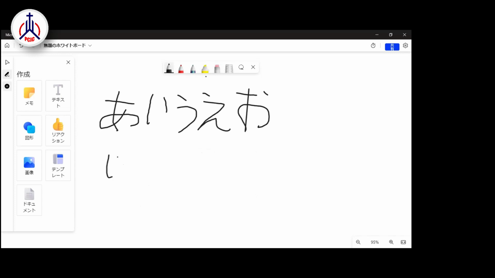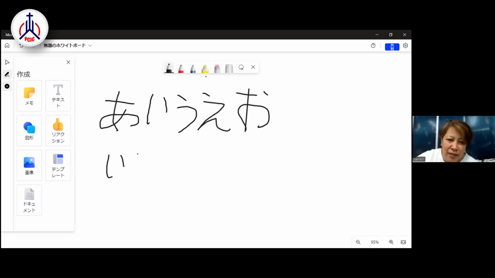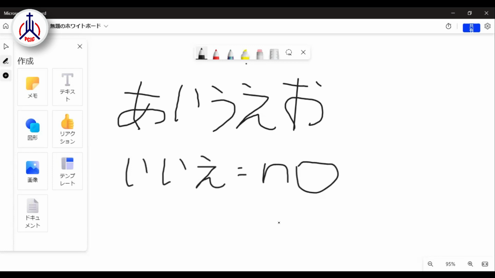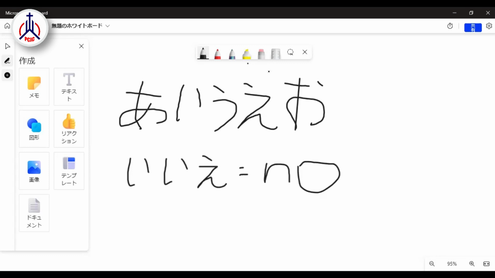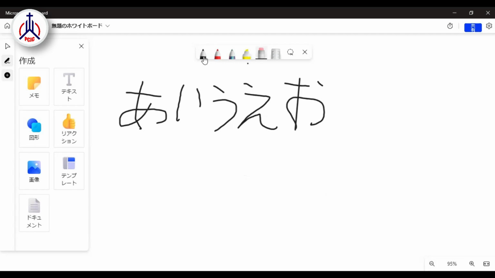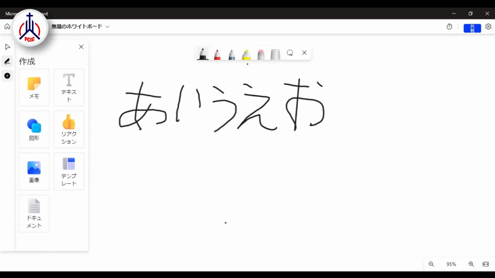Do you remember this word? Who can read this? Iie, a Japanese expression. Iie, this is the one that means no. Okay? Iie. Another word from the vowels.